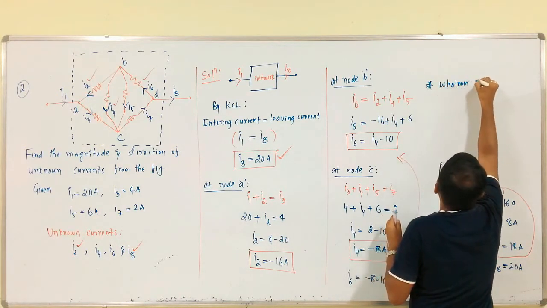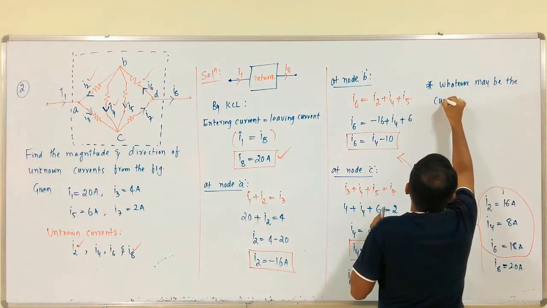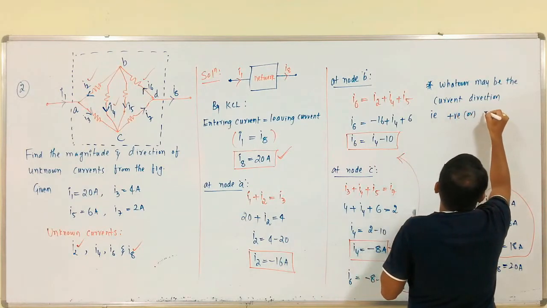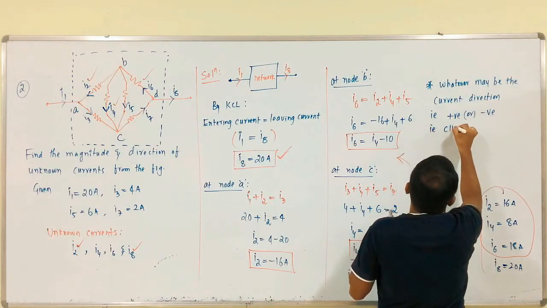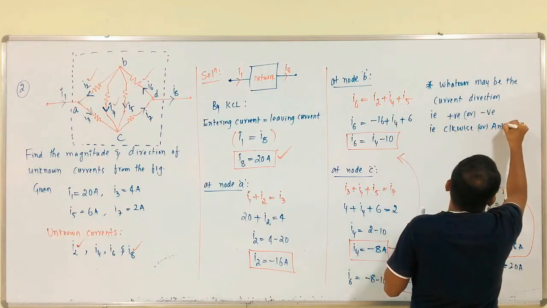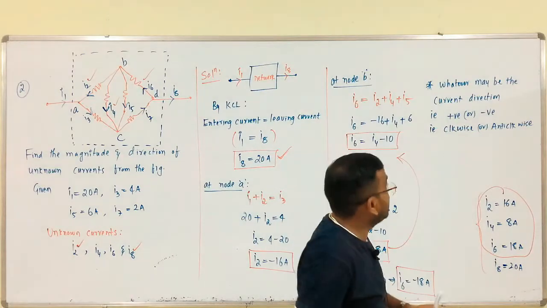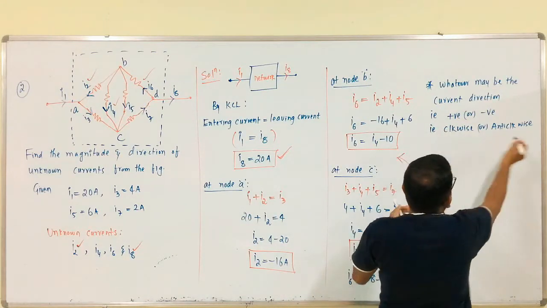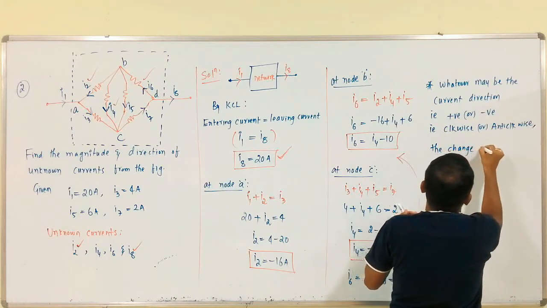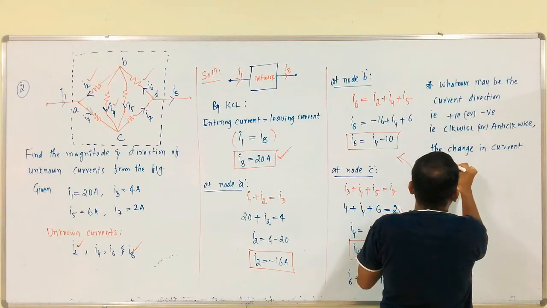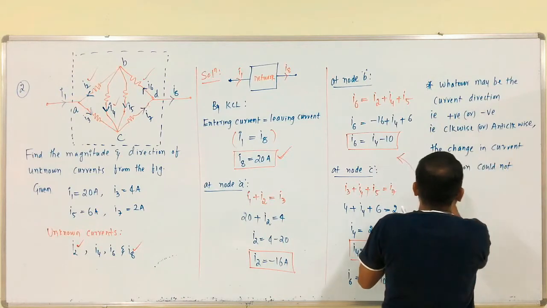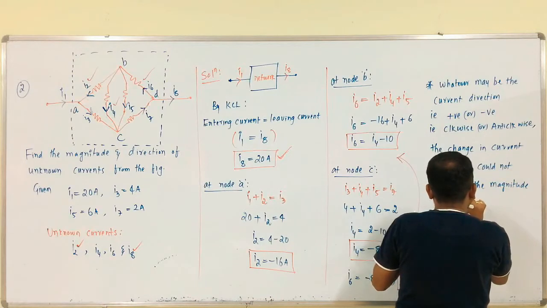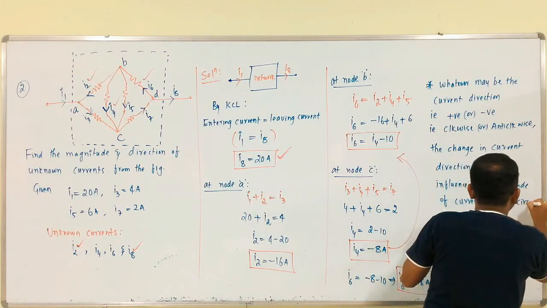Whatever may be the current direction, that is positive or negative, that is clockwise or anti-clockwise, the change in current direction could not influence the magnitude of current in the circuit.